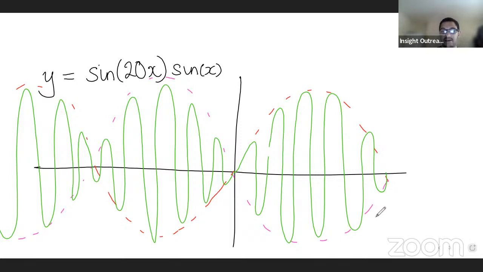Okay, the next part I wanted to mention was this thing called the Taylor series. I mentioned this in one of the homeworks of the very first session in case anyone wanted to read up.